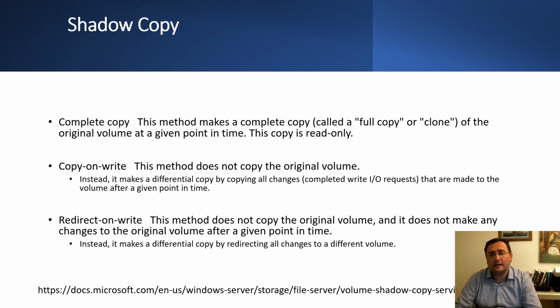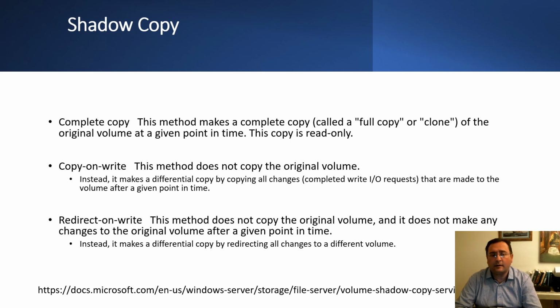It's implemented as a Windows service called the Volume Shadow Copy service. By using it, you can create or store shadow copies on a local disk, external hard drive, or network drive. So this gives us a lot of opportunity to keep our data available even if we lose the original data.